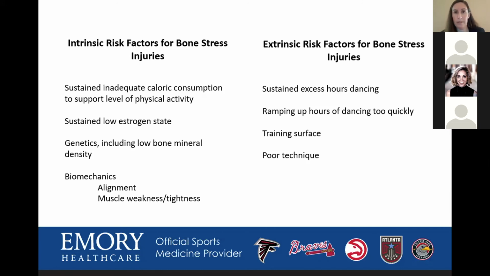Val talked about this, and some of the other speakers have touched on the concept of relative energy deficiency in sports. A physiologic state in which there's low energy availability predisposes to bone stress injury. Other types of injury too, but certainly this is a major player for bone stress injuries and something that we have to address to really promote optimal healing. And then also a low estrogen state, which is interrelated with the concept of low energy. We know that estrogen is important for bone health.